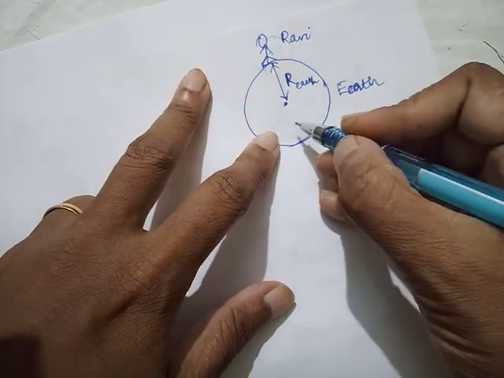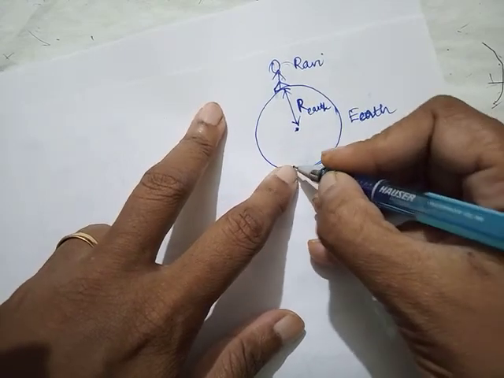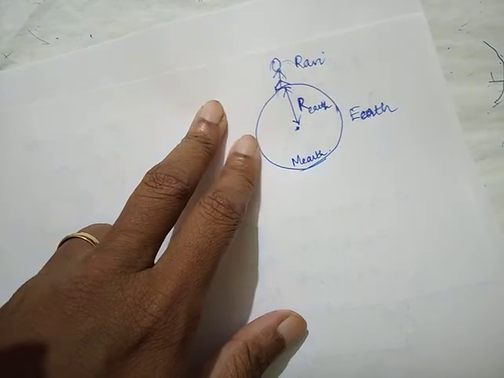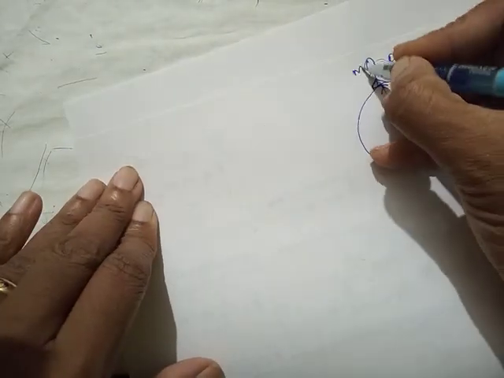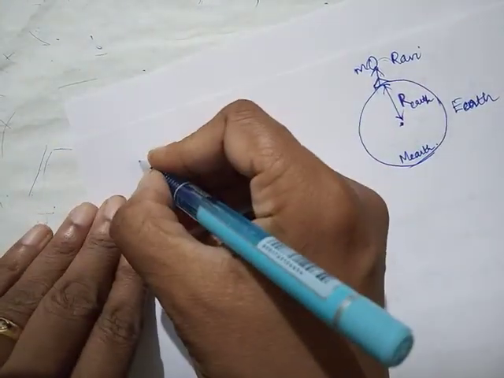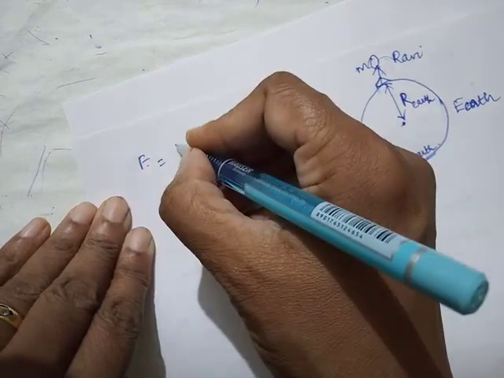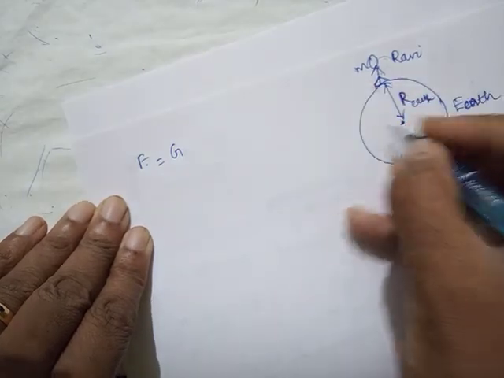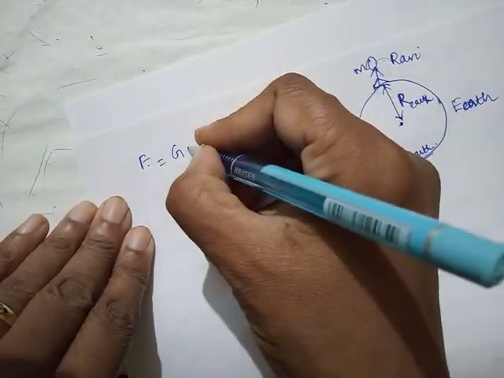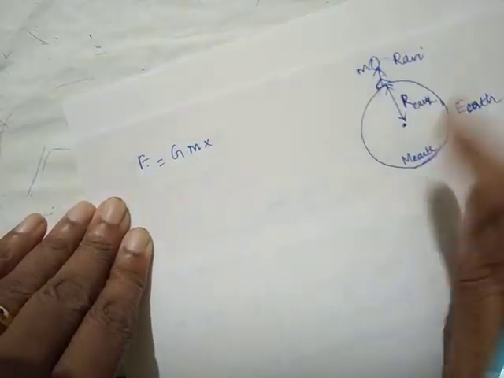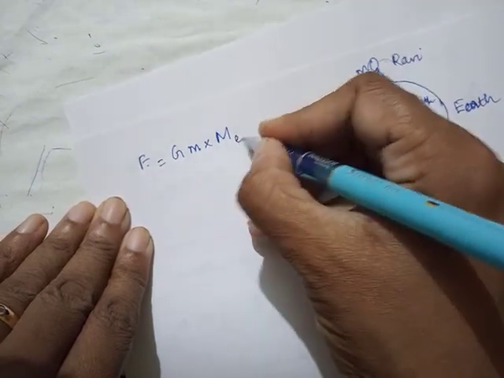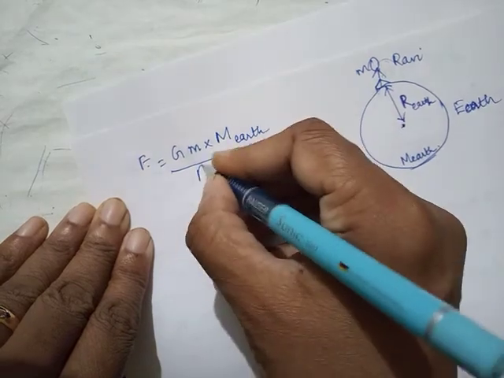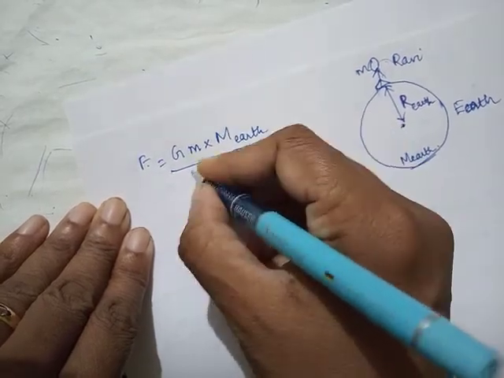So one body is Earth, so I have to take the mass of Earth. The other body is Ravi. Let's take his mass as m. Now the force of gravity will become G, one body is of mass small m, the other body is the mass of Earth, upon the radius of Earth, the whole square.